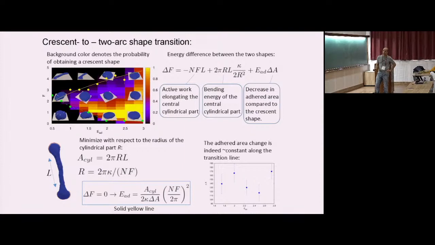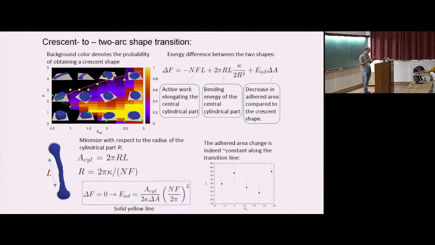And that gives us this solid yellow line without any fitting parameters, except for this value of delta A that we have to grab from the simulations, and it gives us a good understanding of what goes on here.